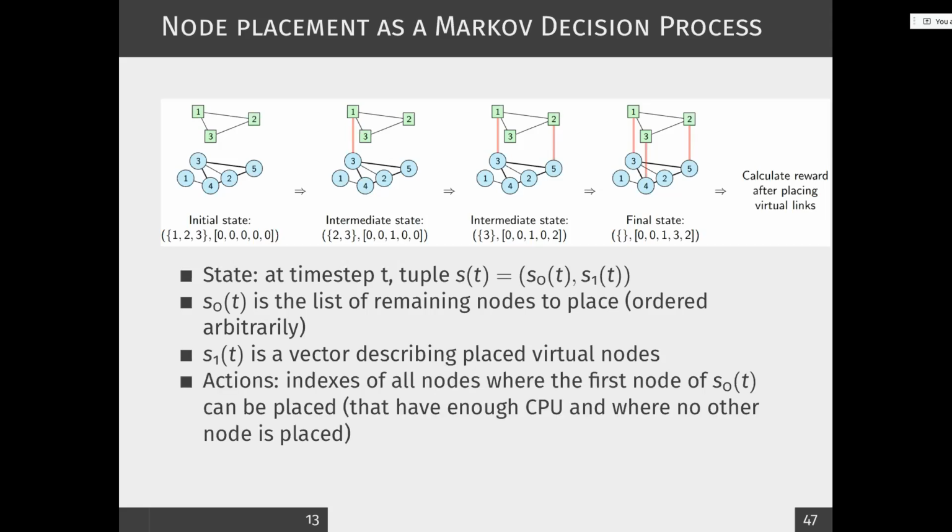For example, here 1 is placed on 3, so we put a 1 on the third component of the vector. On the second step, same, we take 2 and we place it on 5, so it's here. And so on until we don't have any node left. When we have placed all the virtual nodes, we can place the virtual links and then calculate the reward, because the reward depends on the bandwidth that's consumed.